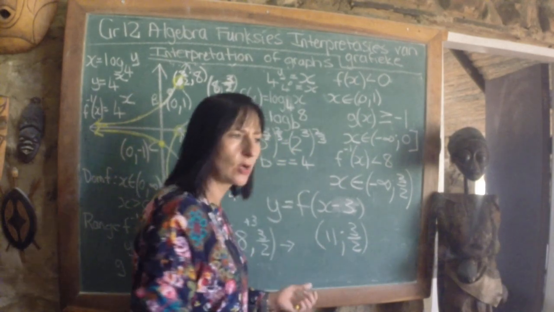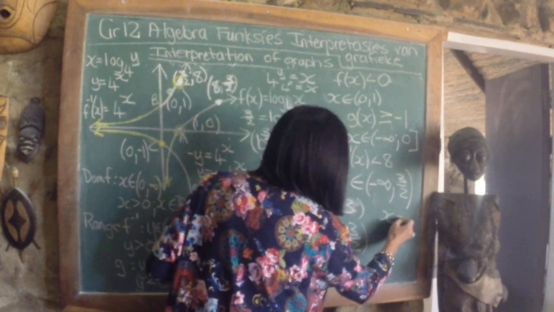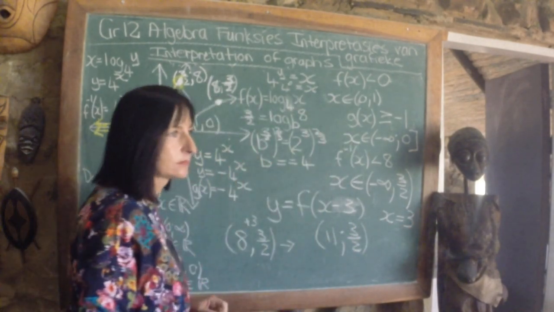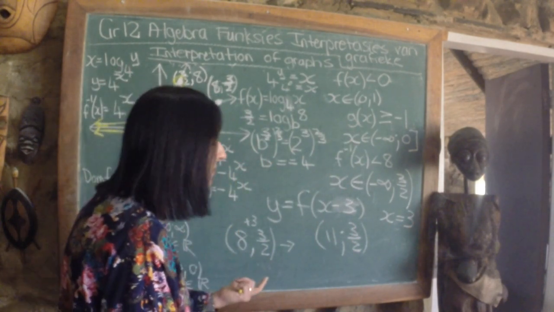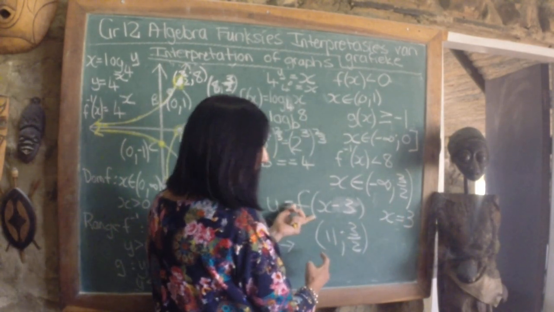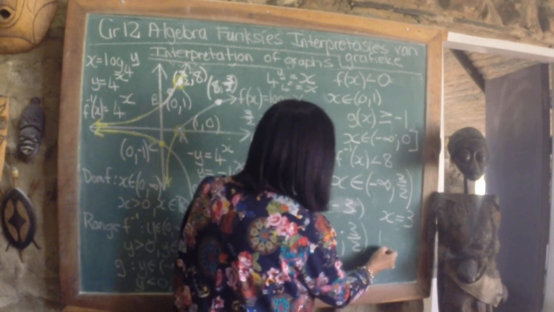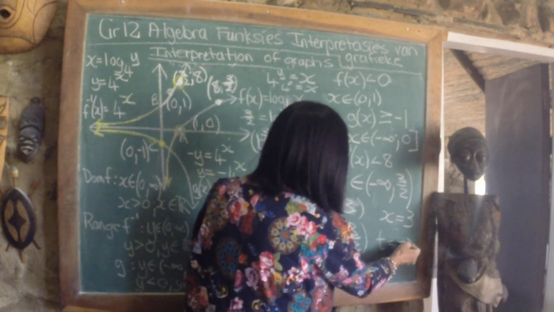Why a minus 3 and not a plus 3? Because x equals plus 3. It moved plus 3 units. So if you take it to the other side of the equals to, it becomes a minus 3. So t equals minus 3.